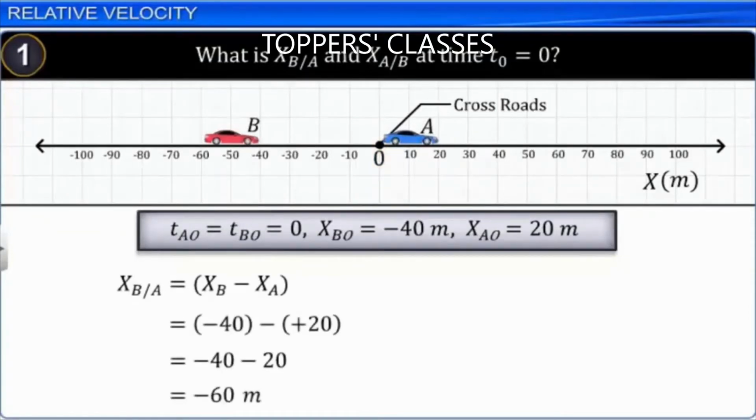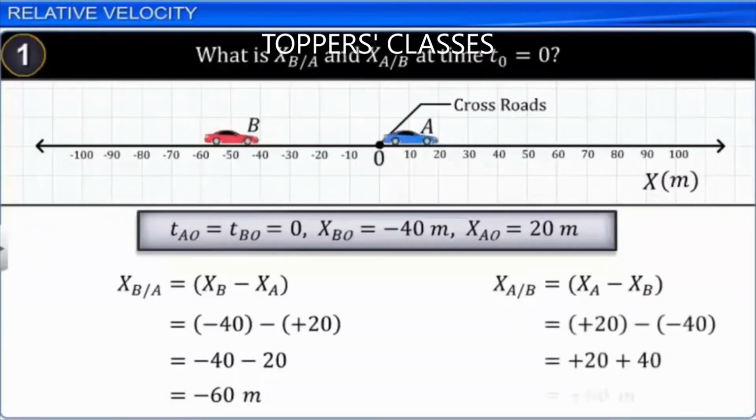Minus sign indicates that the car B is on the left side with respect to A. x A by B is equal to x A minus x B. This is equal to plus 60 meters. Plus sign indicates that the car A is on the right side with respect to B.